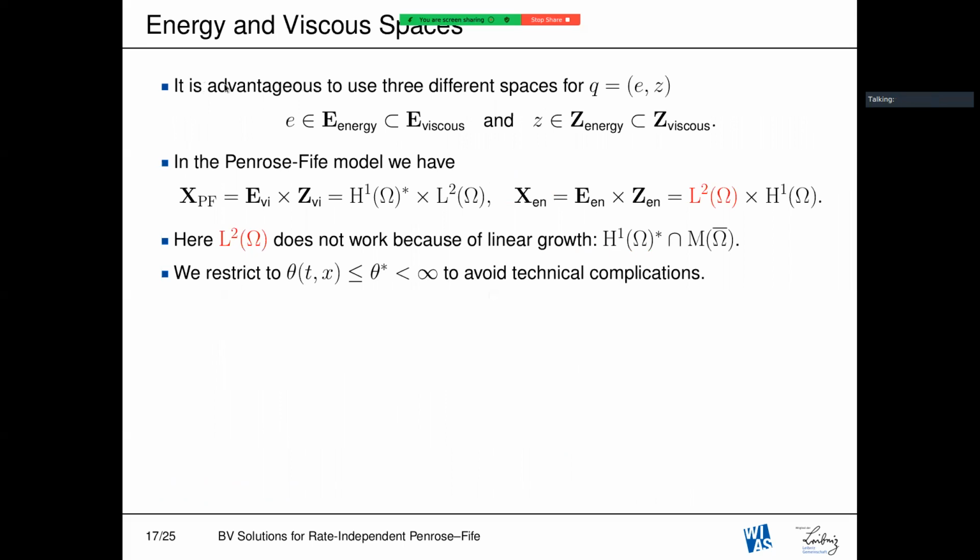For the state given by energy and the phase field, we have the energy space given by the coercivity of the energy, and the viscous space given by the dissipation potential, and the same for Z. In our case, the viscous space is H1 star times L2, and the energy space, for simplicity, as I said, is not composed of measures intersected with H1 star, but let us think for a moment that it's L2. It's a good thing.